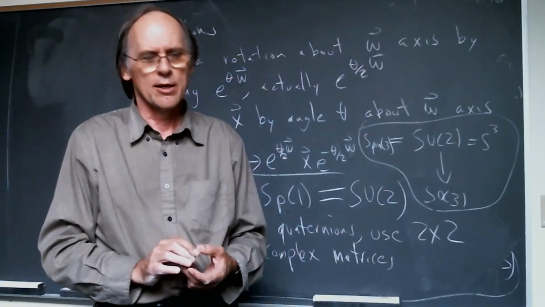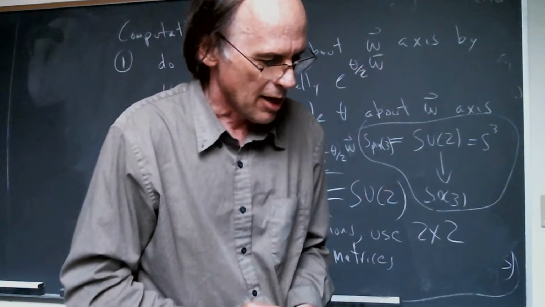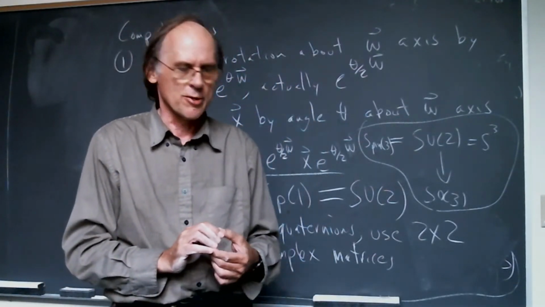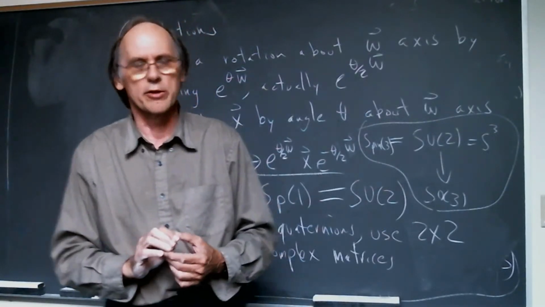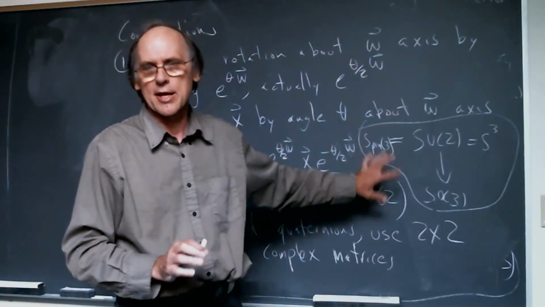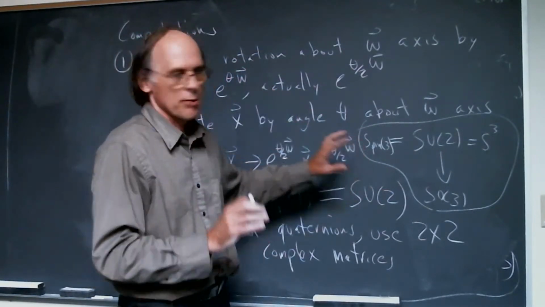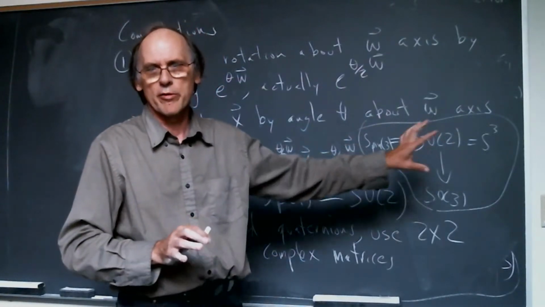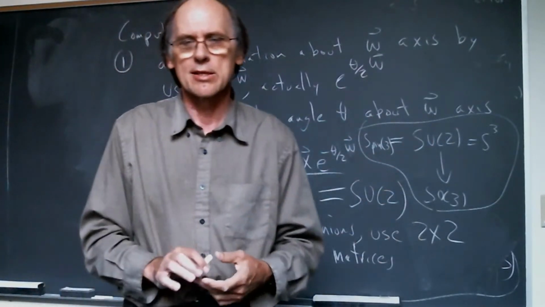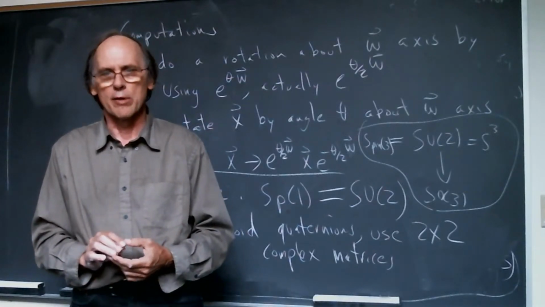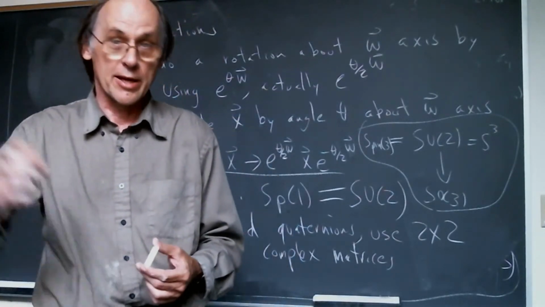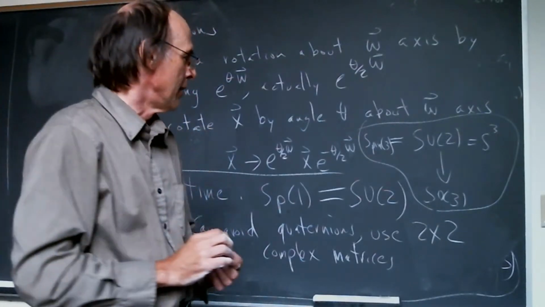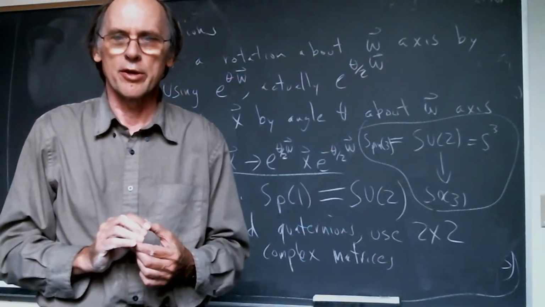Among mathematicians, especially in England in the late 19th century, there was almost religious warfare between people who argued that you really should work with quaternions and do geometry and try to generalize them somehow, and people who said no, you should just work with matrices. I think in some sense the matrix people won that war, but there certainly was a period in England in the late 19th century where you could find many people telling you that you were an idiot if you used matrices and not quaternions.